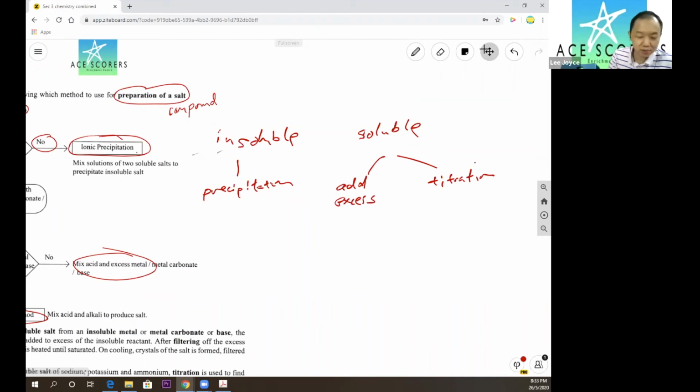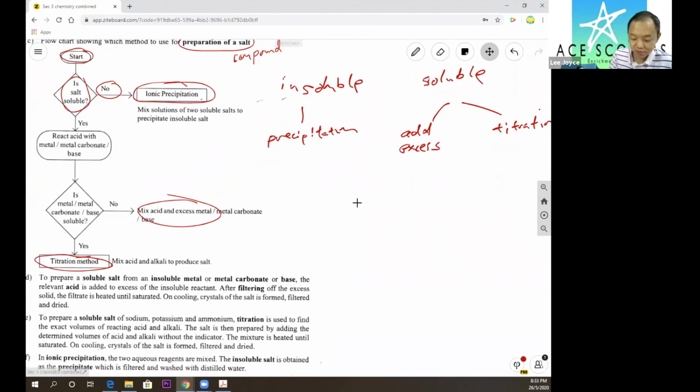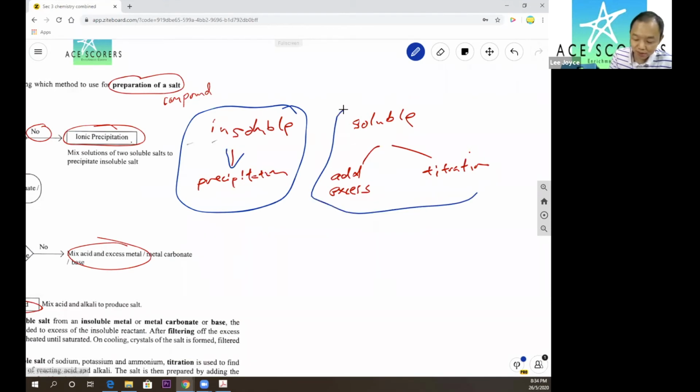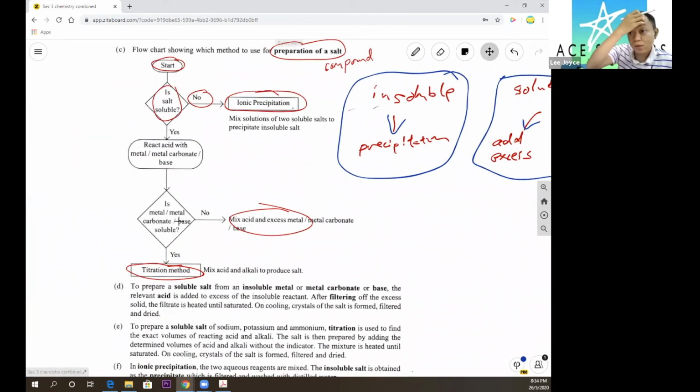These are all short forms, but basically the whole complicated flowchart is just telling you this: boys and girls, if it is insoluble, just use precipitation. If it is soluble, you either add excess or you titrate. That's it. That's what the whole flowchart is talking about.